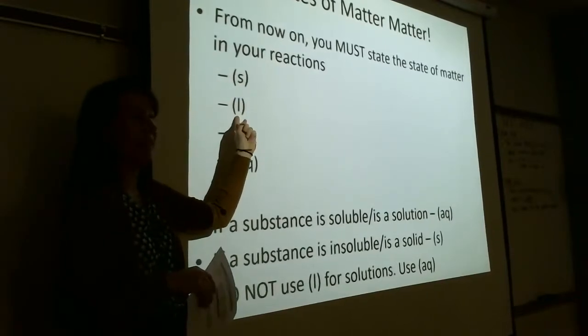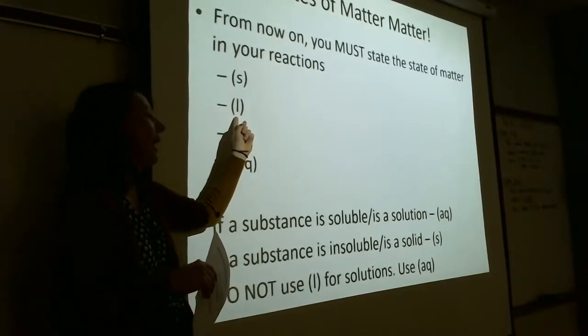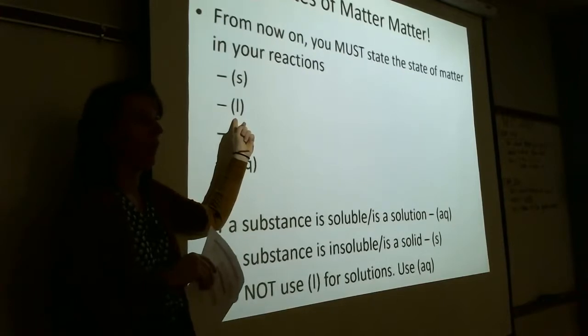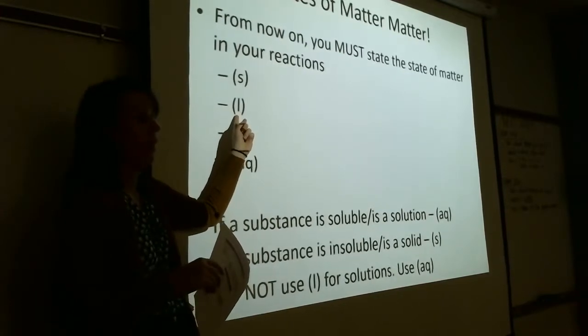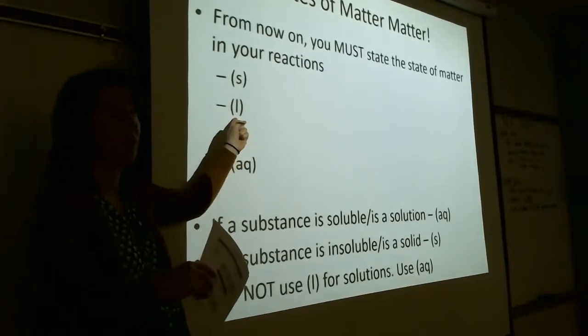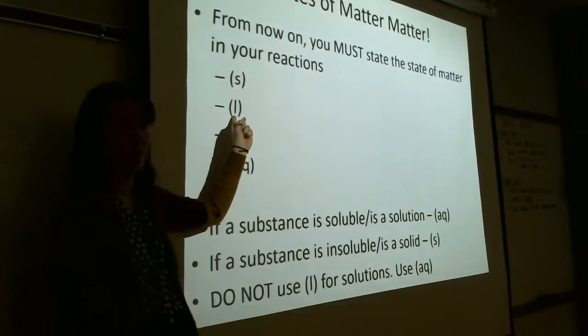If something is a pure liquid, that would be the only time you put L. So for instance, H2O(L), or Hg, mercury, is a liquid, L. Do not use L for a solution, because a solution is not a pure liquid. A solution is a solute dissolved in a solvent.